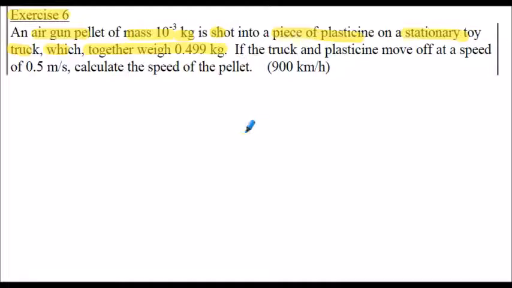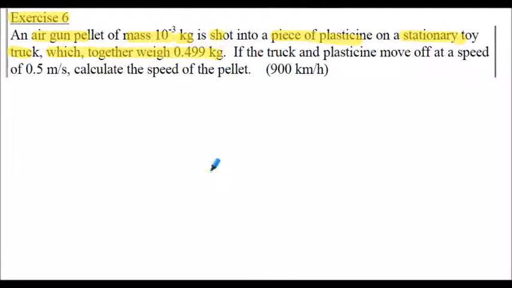That's the combined mass of the plasticine and the stationary toy truck. If the truck and the plasticine move off together at a speed of 0.5 meters per second, we're asked to calculate the initial speed of the pellet before it hits the plasticine.